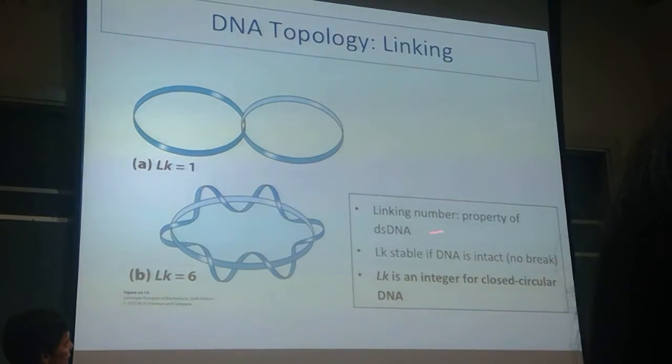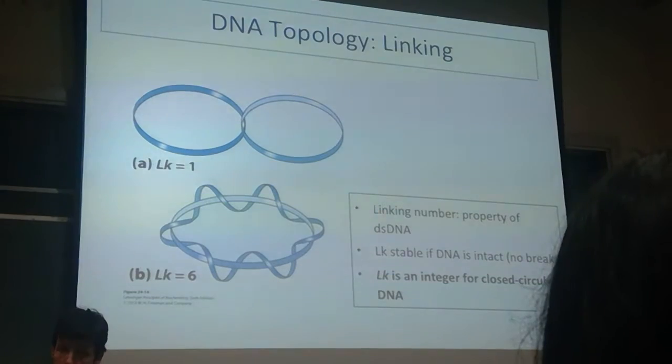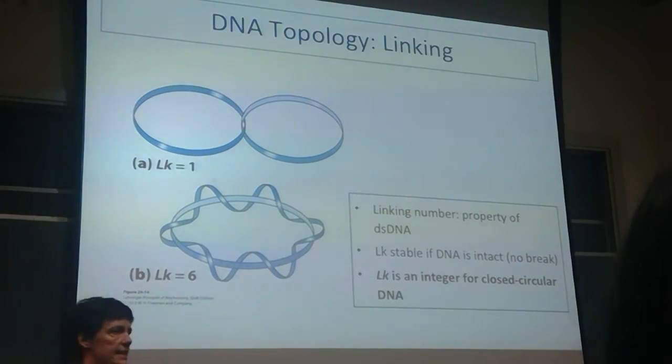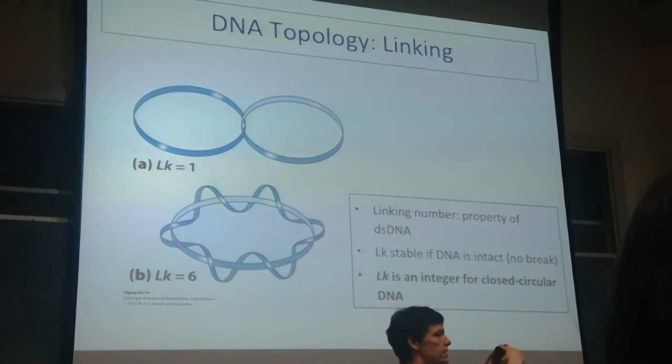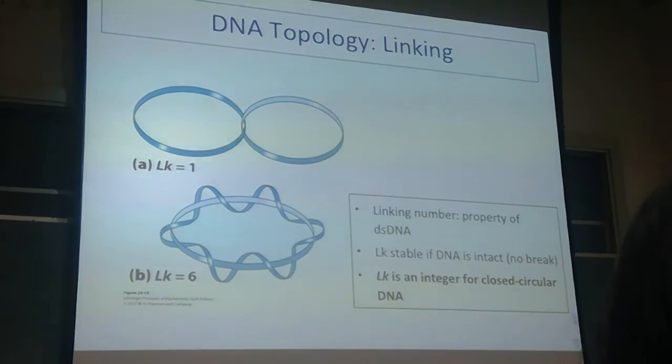So this linking number is a property of double-stranded DNA, not single-stranded RNA or single-stranded DNA. Double-stranded DNA only. It's stable if the DNA is intact. So it's a circle with no break in any of the strands, and it's never going to change.